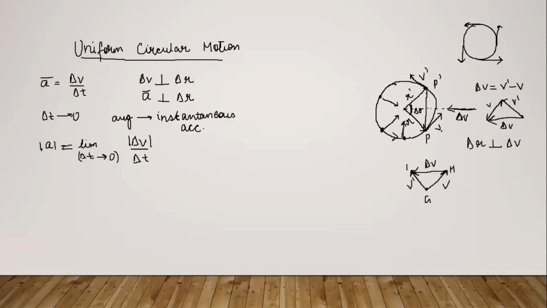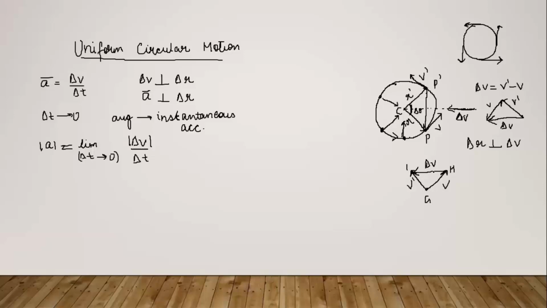We can compare these two triangles. This is the center C, so triangle CTT dash is one triangle that we have drawn using r and r dash, and this other triangle GHI is drawn using v and v dash, the velocity vectors, and this is delta v.